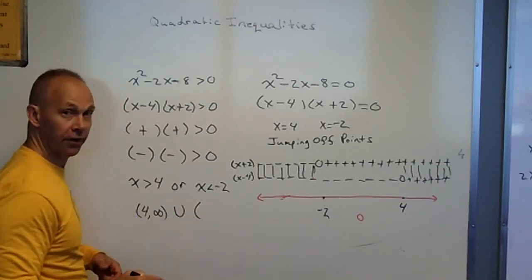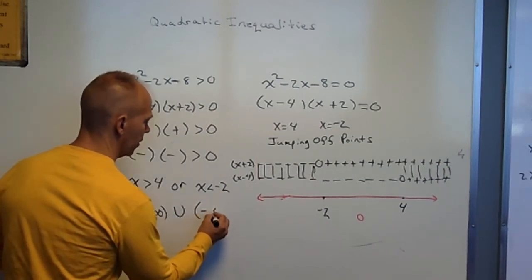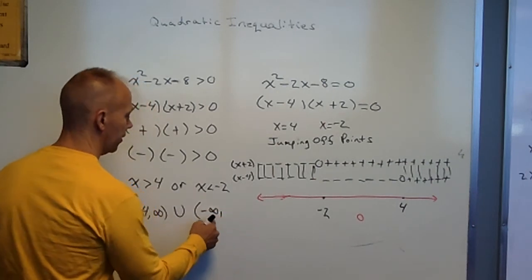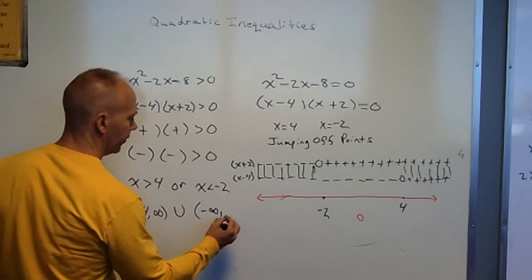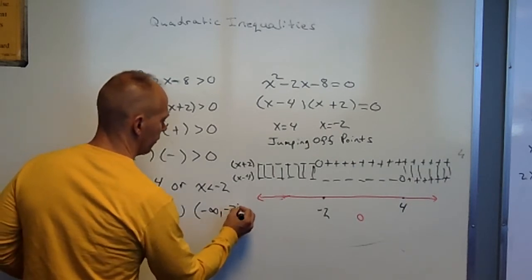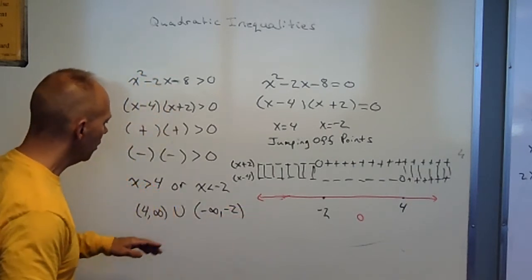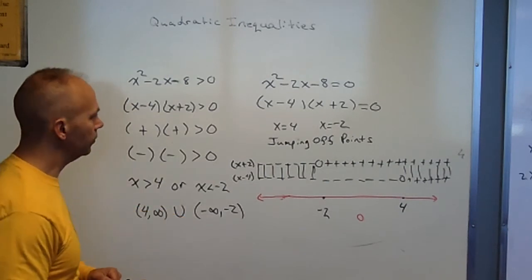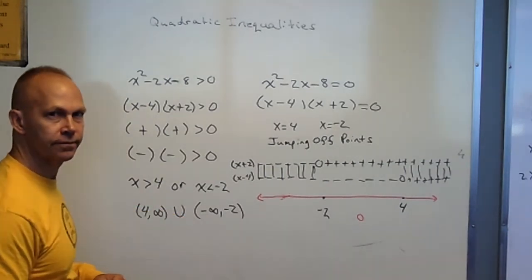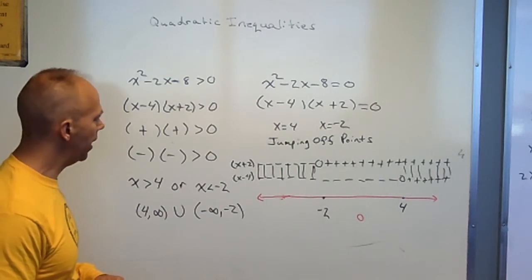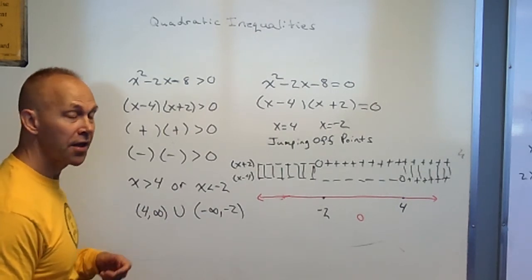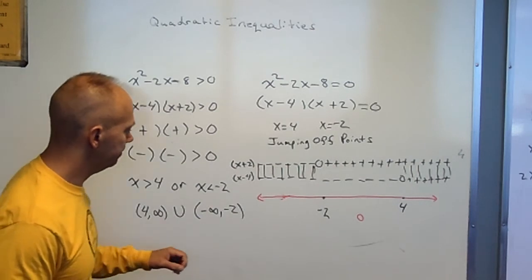That would read from negative infinity, my left-hand limit, because my left-hand bound goes on to negative infinity, to -2. So that is my solution set. All right, not too bad, I don't think. Let's take a look at another one.